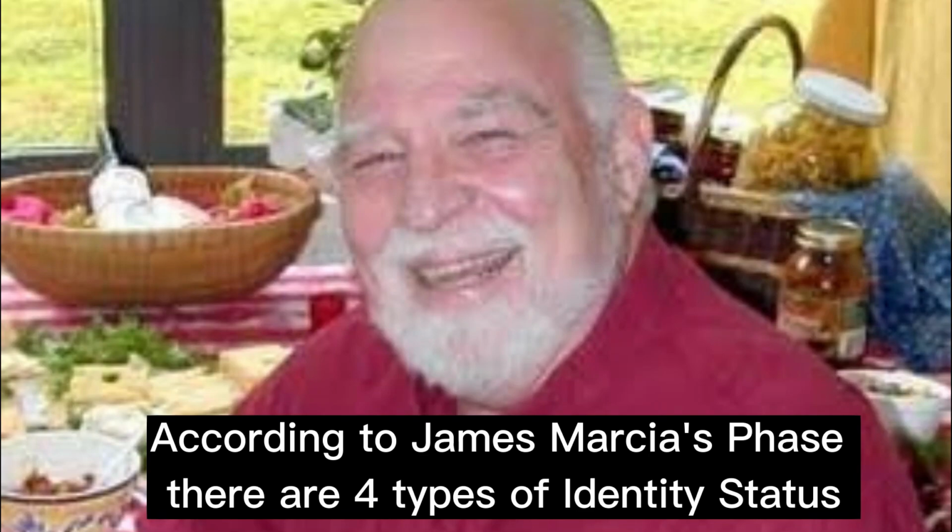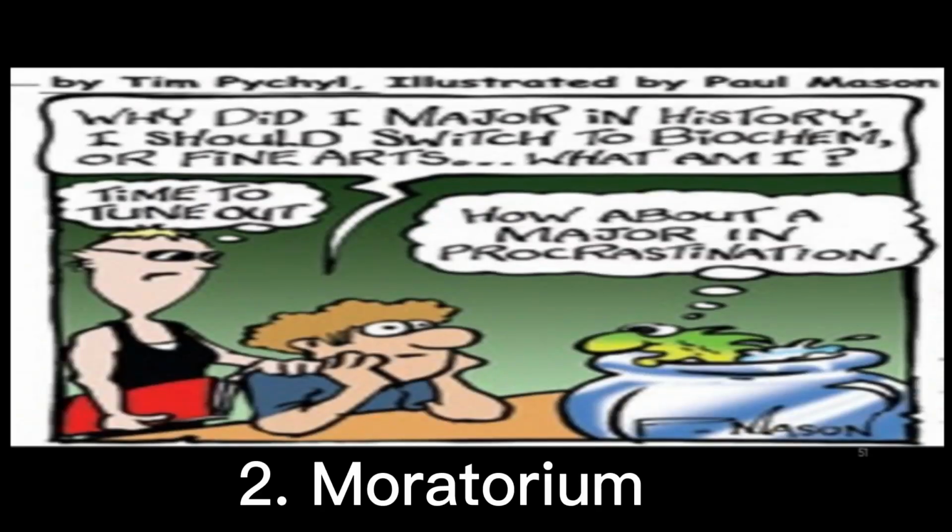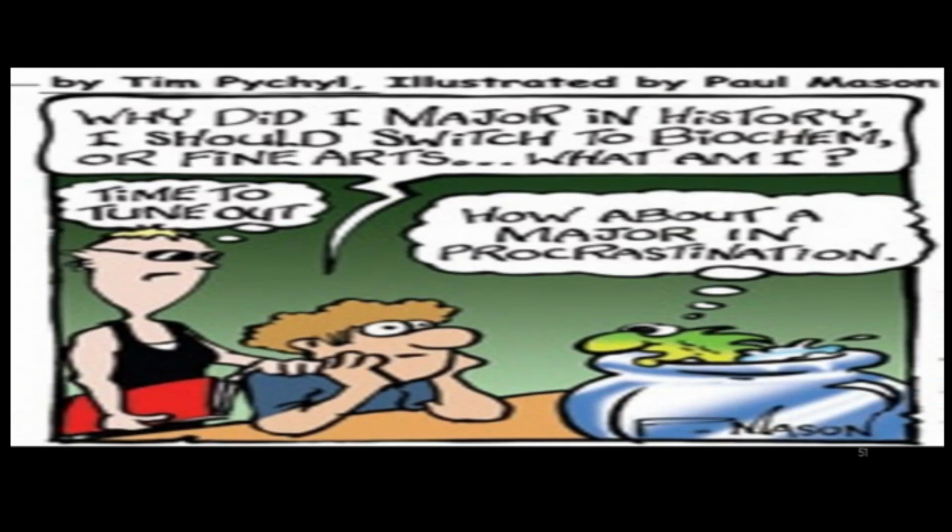According to James Marcia, there are 4 types of identity status. The first one is identity foreclosure, the status for those who have made a commitment to an identity without having explored the options. The second one, moratorium, is a status that describes those who are exploring in an attempt to establish an identity but have yet to make any commitment.